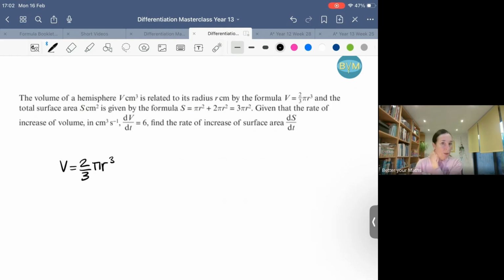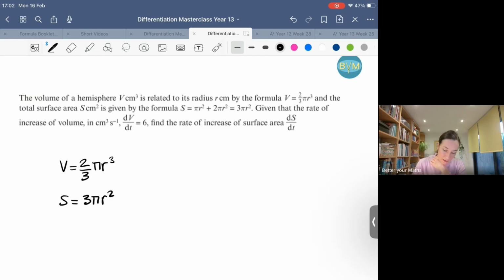Yeah. What am I going to be able to find from there? dV by dr if I need it, and it's very likely that I need it. That's why they give me the formula. The total surface area is given by this other formula. So from here, I will be able to find dS by dr, if I need to, which probably I will.